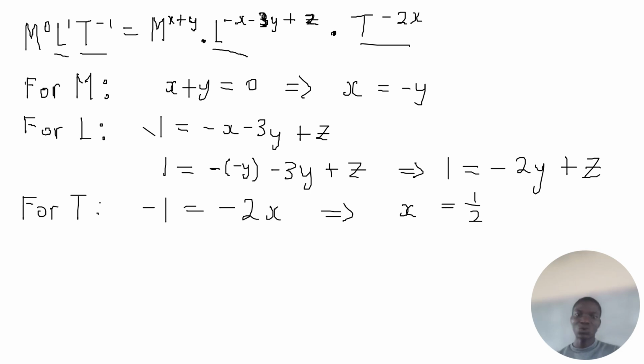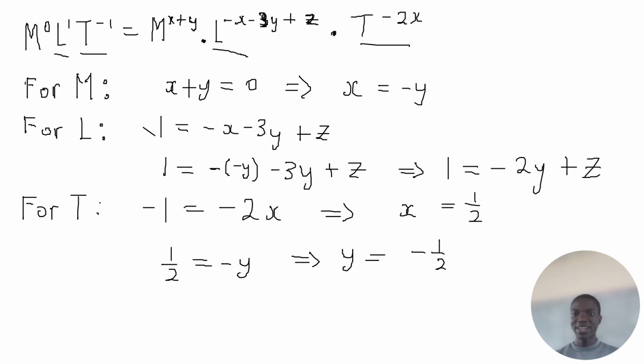Yes, if x equals 1 over 2, if you come back here, it means x is 1 over 2 equals minus y from this equation. So this implies that y equals what? Minus 1 over 2. Good.